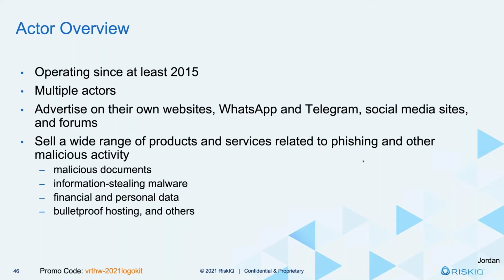They're on WhatsApp, Telegram, social media sites, Black Hat forums, and they sell a wide range of products and services related to phishing and other malicious activity. They're distributing malicious documents, info stealing malware. They sell financial and personal data. They provide bulletproof hosting and several other services and products in that same campaign.